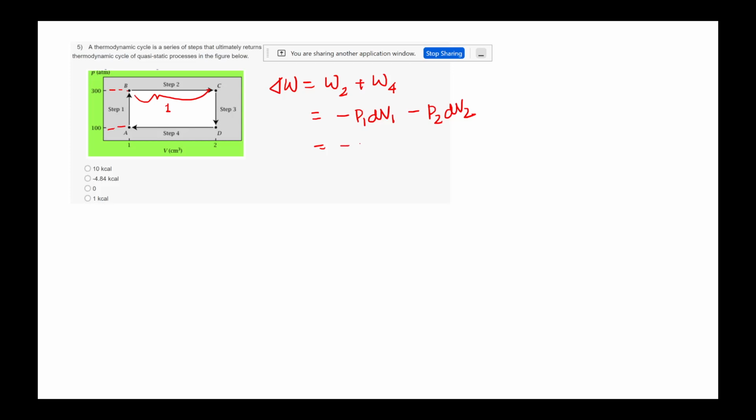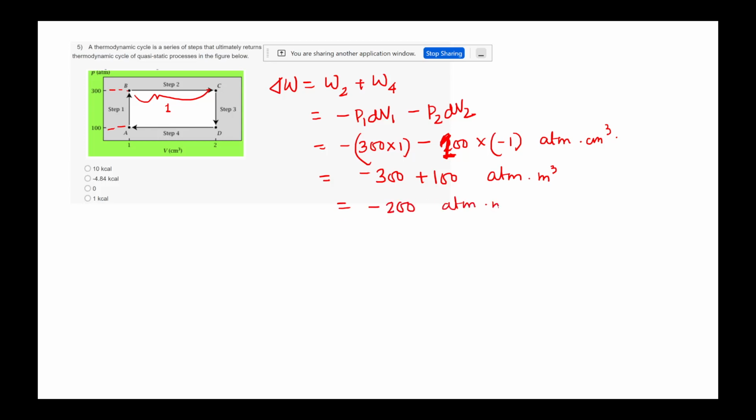So this is minus 300 times 1, then minus 200 times minus 1, in atm centimeter cube. Sorry, I made the same mistake, this is 100. So this is minus 300 plus 100, which is minus 200 atm centimeter cube.